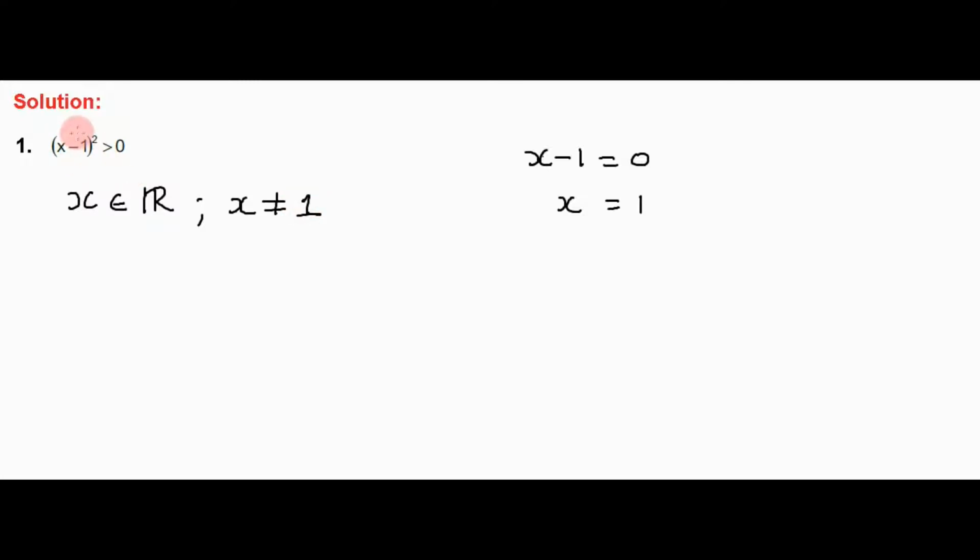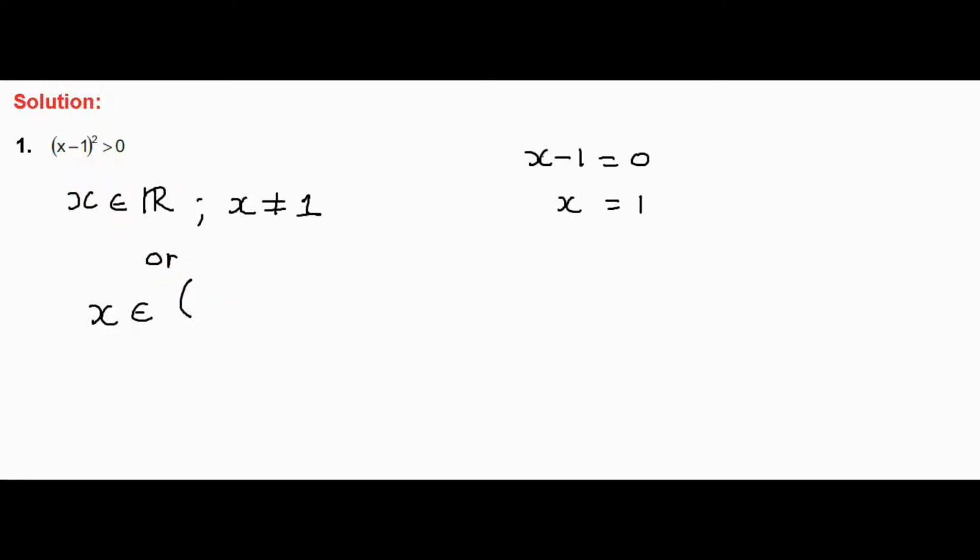So any real number that we substitute in for x here will give us a positive answer, and hence will be greater than 0, except for x equals 1. Now, we can also write this in interval notation as follows. We can write x as an element of 2 intervals, or the union of 2 intervals.